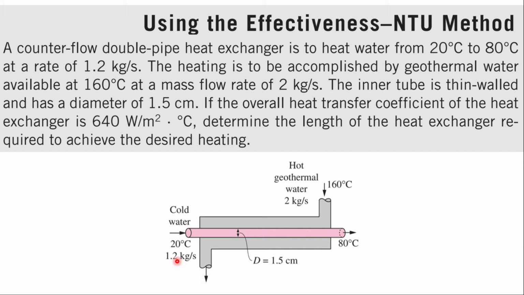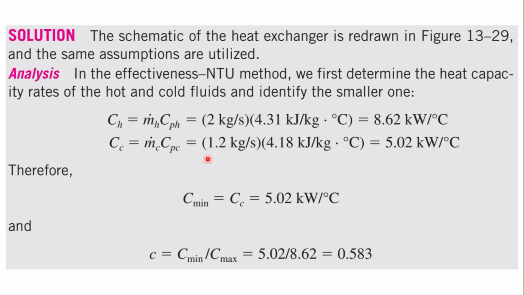The mass flow rate of the cold fluid stream is 1.2 kilogram per second, and the mass flow rate of the hot fluid stream is 2 kilogram per second. Similarly, the overall heat transfer coefficient is 640 watt per meter square per degree centigrade, right? So this is the same problem statement, and you have to solve this problem using the effectiveness NTU method. You have to determine the length of the heat exchanger required to achieve the desired heating. So let's have a look at the solution.